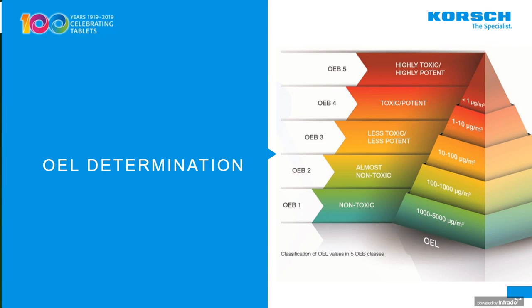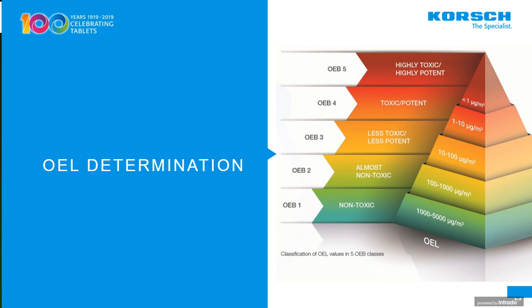No containment mitigation, no containment technology, and delivering a containment level of 100 to 1,000 micrograms per cubic meter, which essentially is very low containment. When we move into really medium containment, that's an OEB3, or 10 to 100 micrograms per cubic meter range.